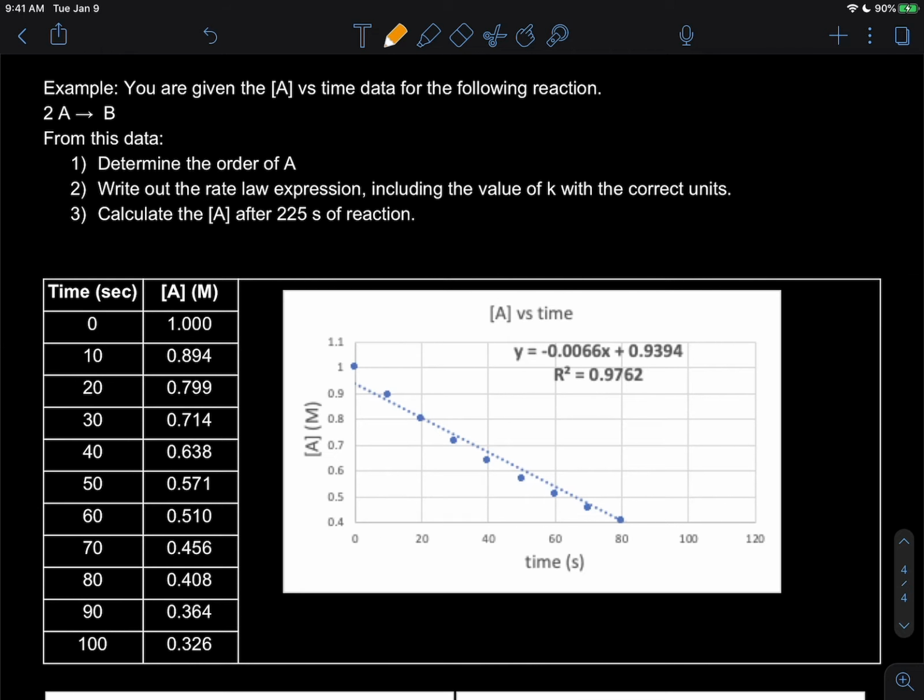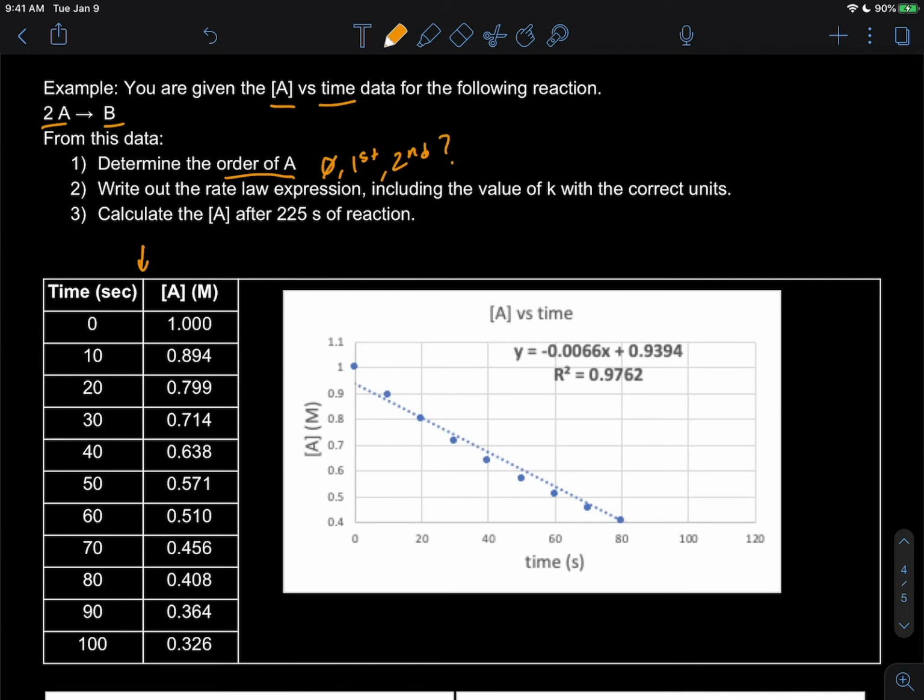Okay, so here's our example. We are given the concentration versus time data for this reaction, 2A going to B. From just this table, we want to determine the order of A in our reaction. Is it 0, first, or second order?